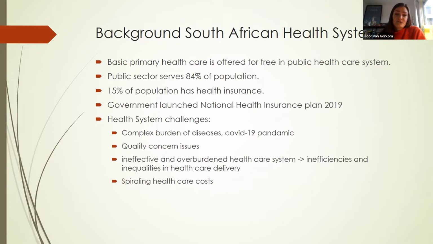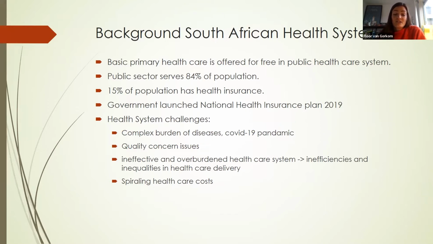Only a small minority of 15% actually has health insurance. The government launched a national health insurance plan in 2019, which is not yet implemented, but which aims at covering healthcare costs and having everyone in a national insurance plan.